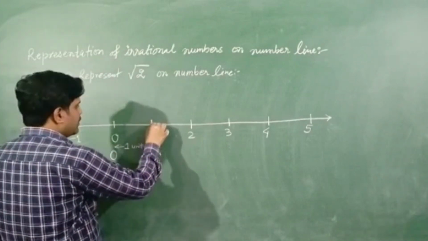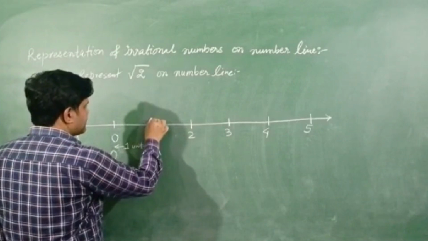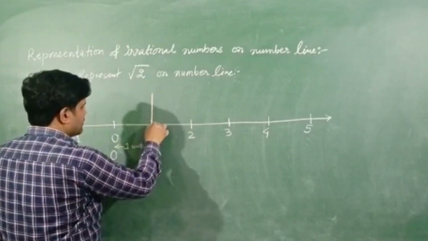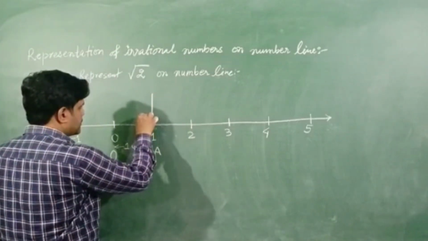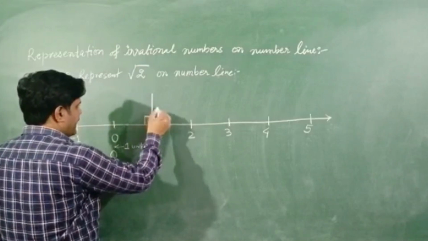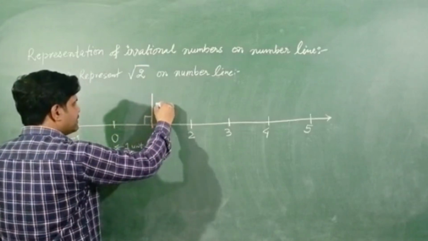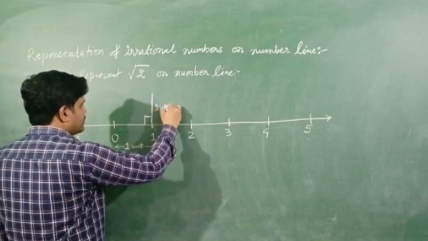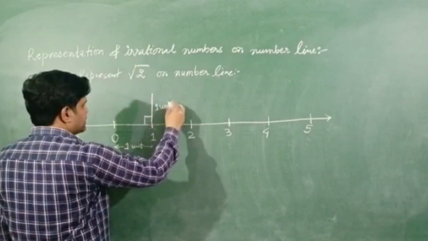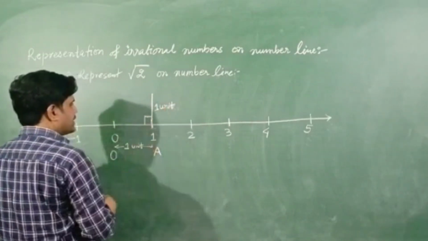Now what we do, we draw a line which is perpendicular to this number line, and we consider it in such a manner that this length is also 1 unit. We have taken this as 1 unit.